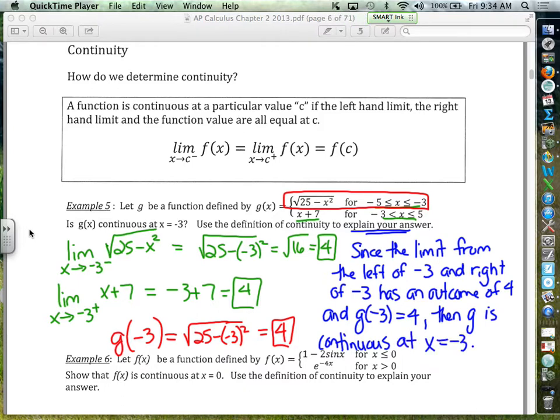It seems long, it seems wordy, but that's the explain, or sometimes they'll say justify your answer, and that's what they're looking for.